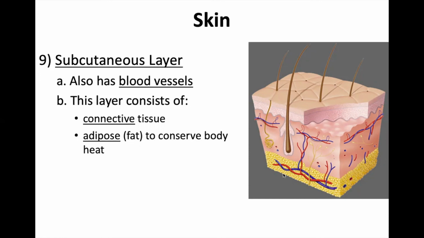And it is made up of a lot of adipose tissue. We learned last chapter that is a fancy word for your fat. And its job is to conserve a lot of body heat because you have a lot of blood vessels in there using the fat to keep your heat in the winter. And then more heat coming in from inside your body is going to get pushed back in so you don't lose too much.